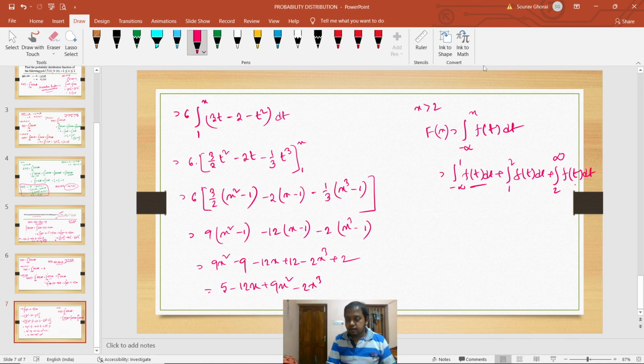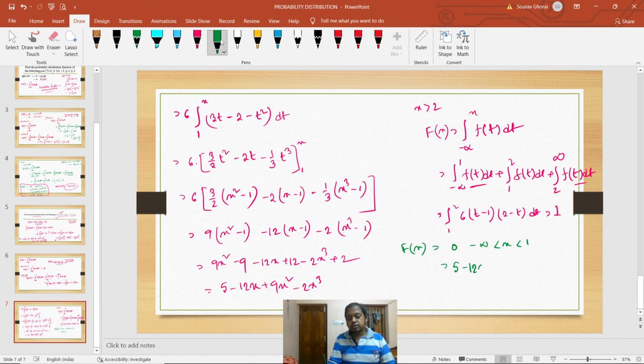The first and last values are 0, and we already found that the integral from 1 to 2 of 6 into t minus 1 into 2 minus t dt is 1. So now we can write the distribution function: this is 0 for minus infinity less than x less than 1, 5 minus 12x plus 9x square minus 2x cube for 1 less than x less than 2, and 1 when x is greater than 2.